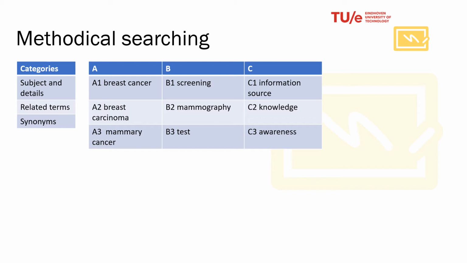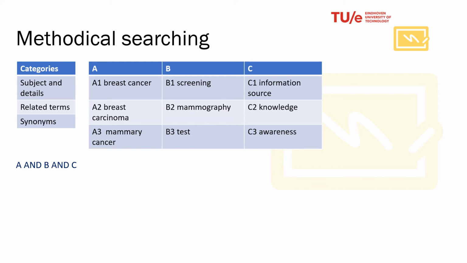If I were going to write this down as a search query, this would be A and B and C. A, B, and C being the search terms for breast cancer, screening, and information source. As you can see, I have used the Boolean operator AND to combine my search terms. Using AND means that I want all three terms to be included in my search results.